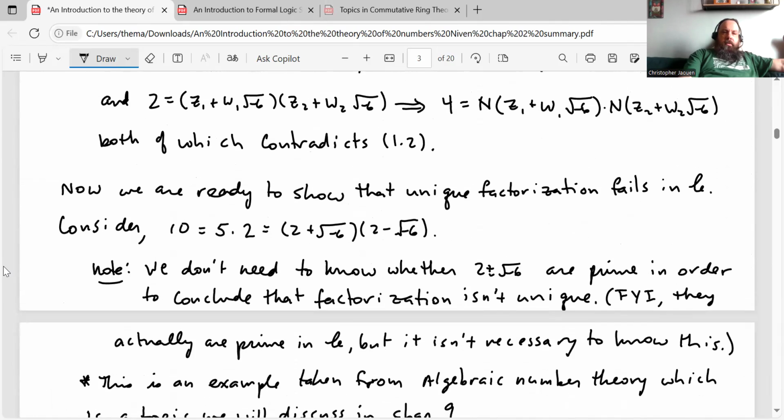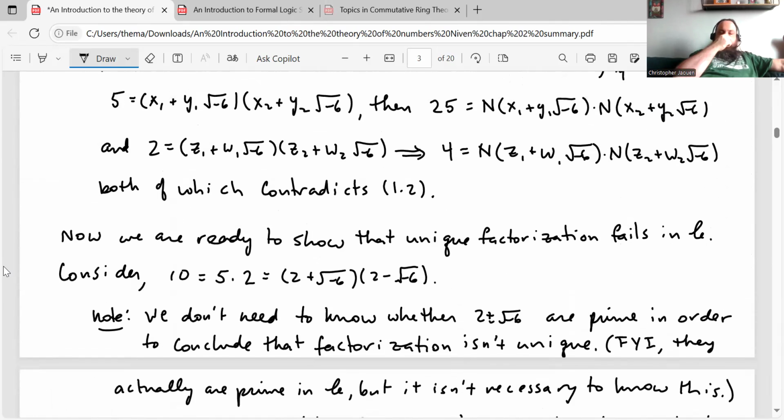So that means that 5 and 2, for example, are prime in this class G.